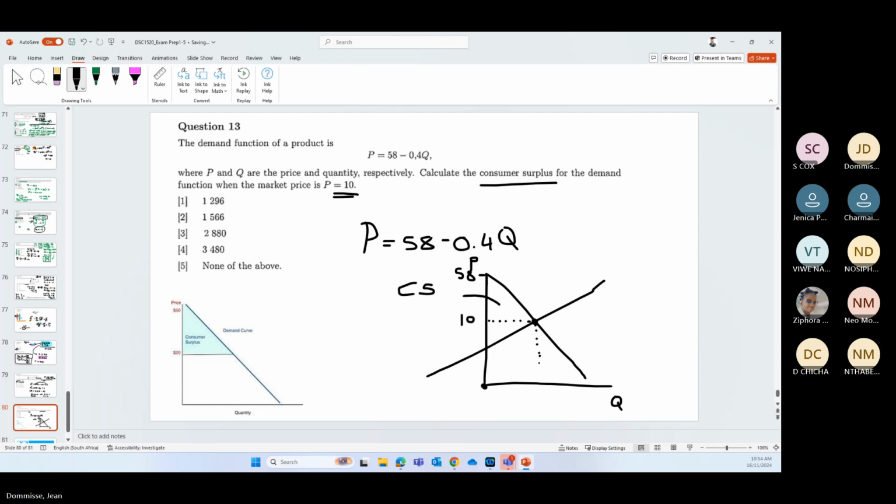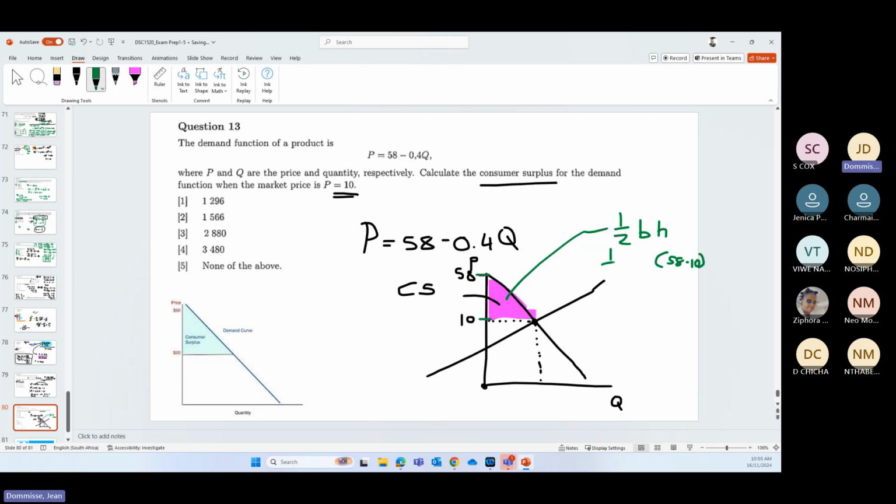So to work out this area, we will use a bit of maths, where it is a half times base times height. Okay, so we can see the height will be the difference between 58 and 10, because that is the 58 and 10.